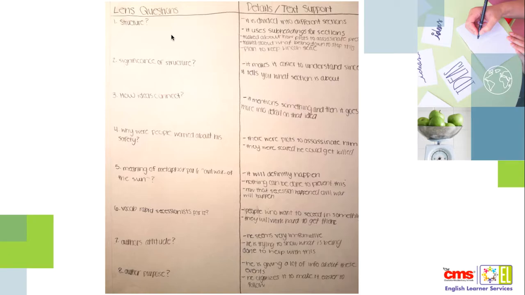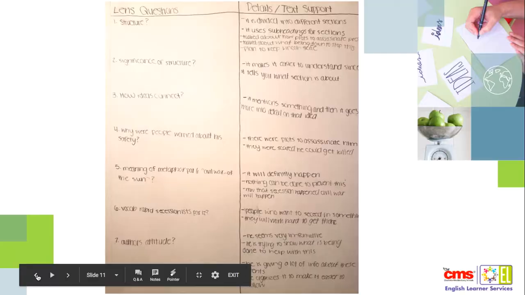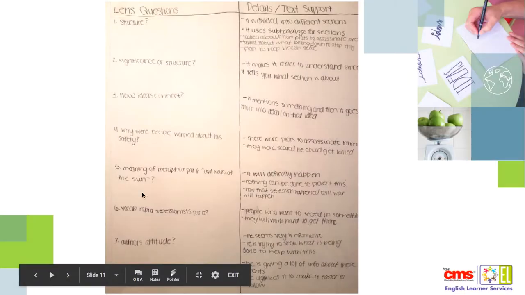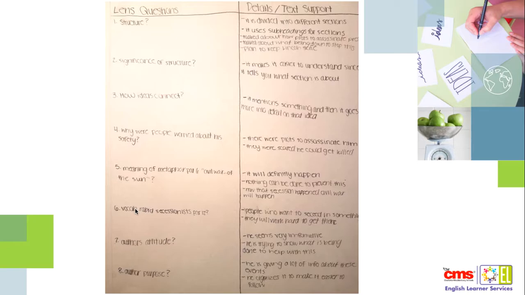What the kids would do is take the question, how does the author structure the text, and paraphrase it down the left-hand side of the page. I did not want them writing the whole question. Number 1, that's a waste of time. And number 2, if I know from research that copying things verbatim is not helping students process the information, then I don't want them copying that question word for word.